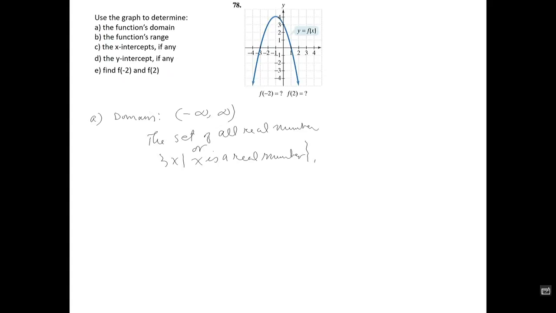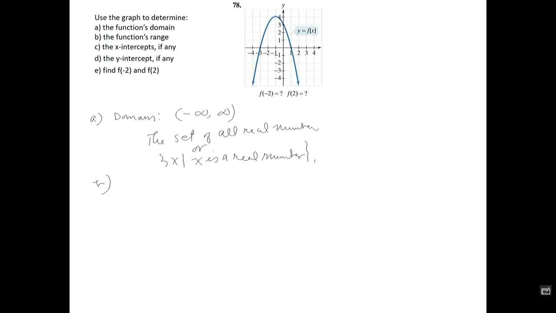Part B, the function's range. So we're going to look at the graph and determine the values that are represented here. We see that the highest value of y is going to be 4, and then the values are decreasing here.